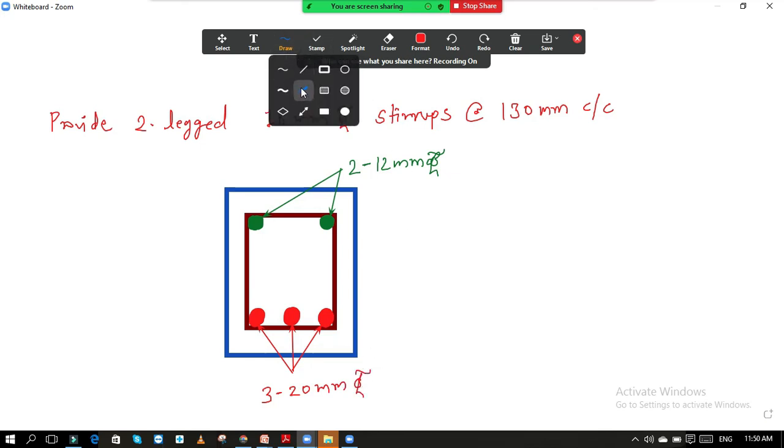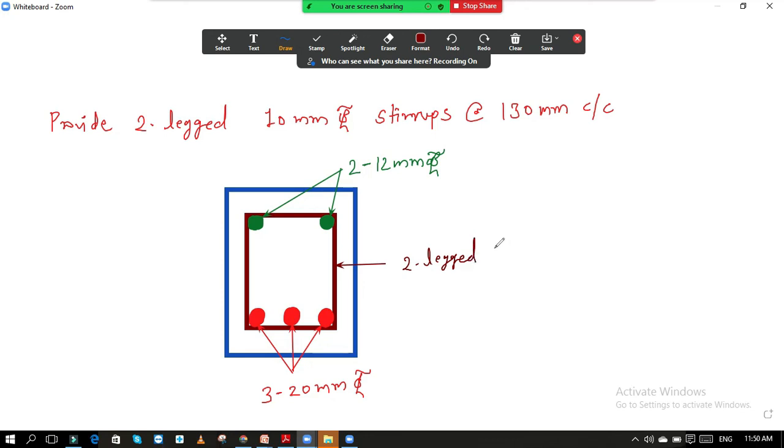And lastly, the stirrup. This is the stirrup, and it is two leg, 10 mm diameter, about 130 mm center to center.